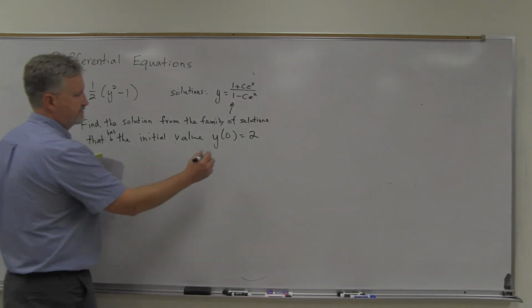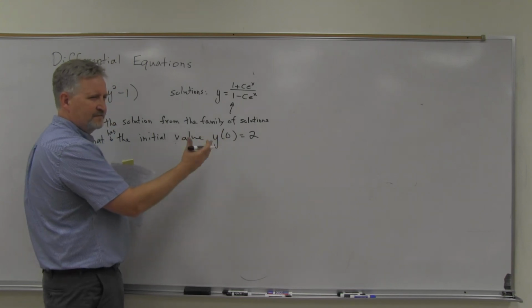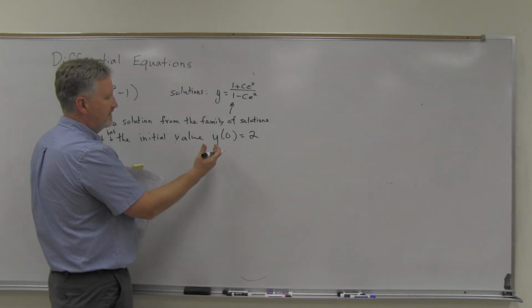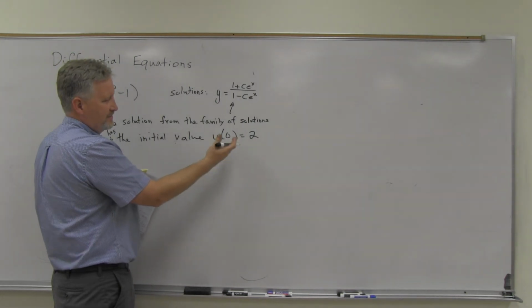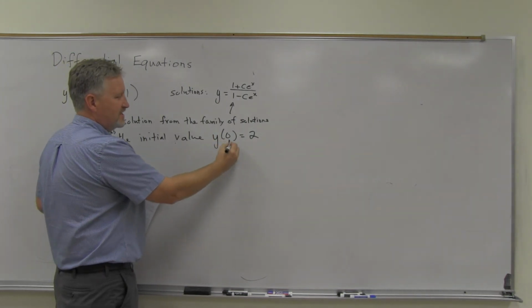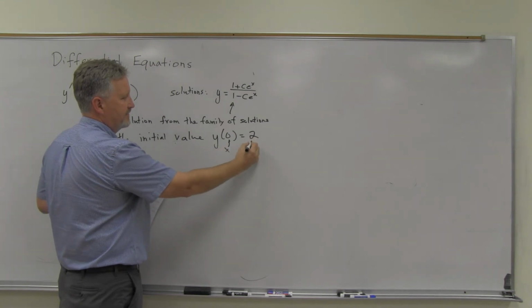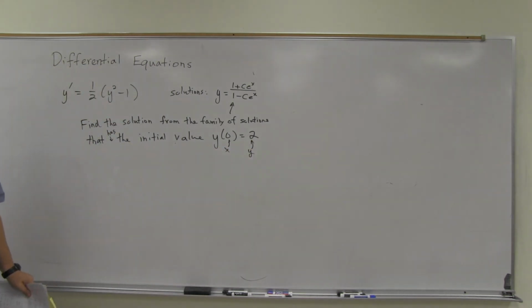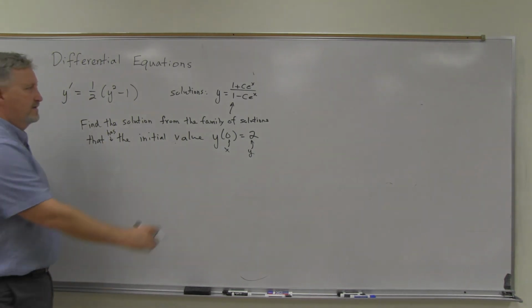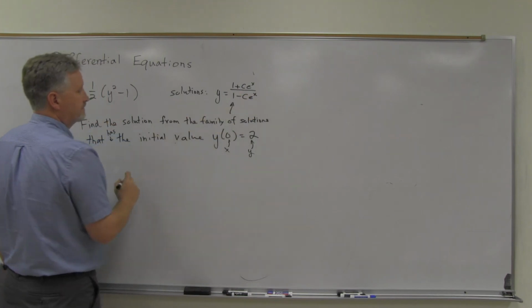Well, it's kind of a different take. We usually don't do a y of 0. We usually do f of 0 or something like that. But it's the same idea. This is the input value, so that's the x value, and the 2 is the y value. So I'm just going to plug in those for y and x in my solutions here.